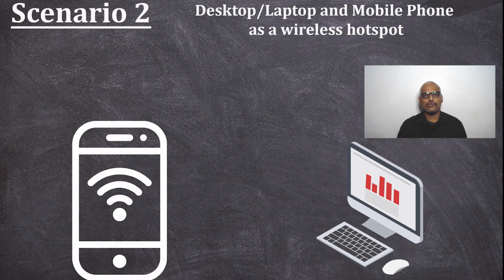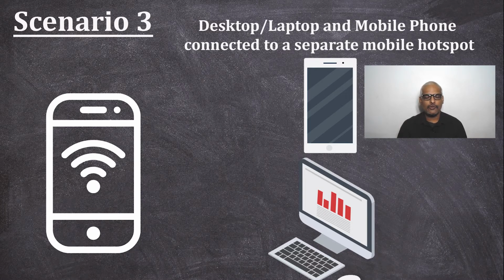Scenario 2 is where your mobile phone is acting as a mobile hotspot, and the computer is connected to this particular mobile hotspot created by your mobile. This scenario will also work, no issues, because both your computer and your mobile phone are in the same network.